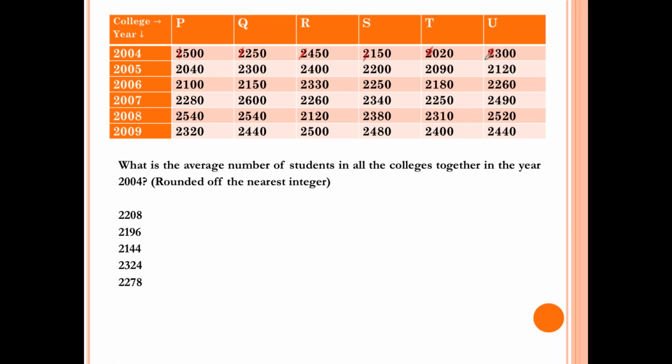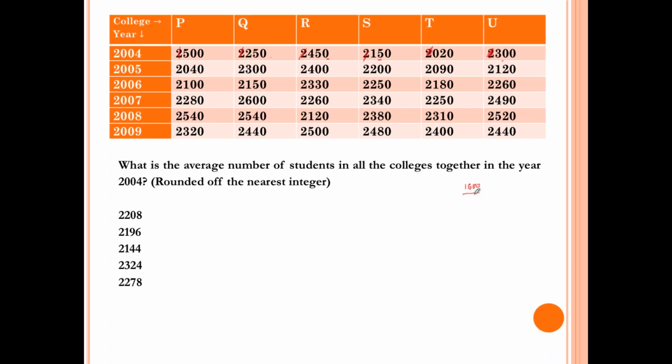Then quickly what you do is 500 and 250, 750 and 450 is 1200, and 150 will be 1350 plus 1800, 1650, and then it is around 1600 approximately.